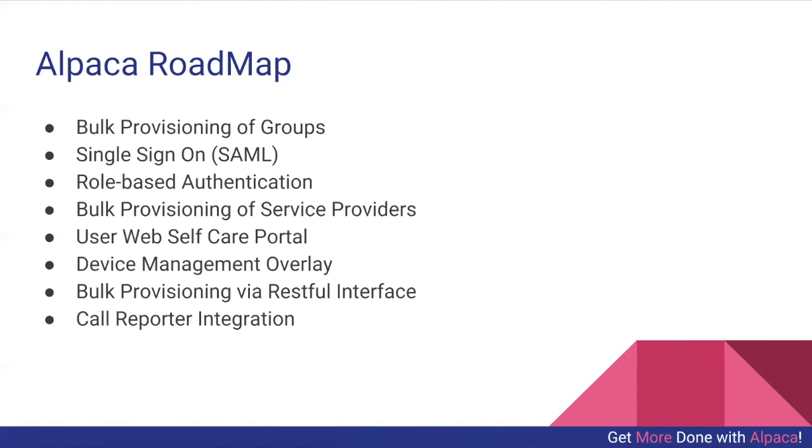Another item on the roadmap is single sign-on using SAML, role-based authentication, bulk provisioning of service providers, which smells a lot like bulk provisioning of groups, and a user web self-care portal.